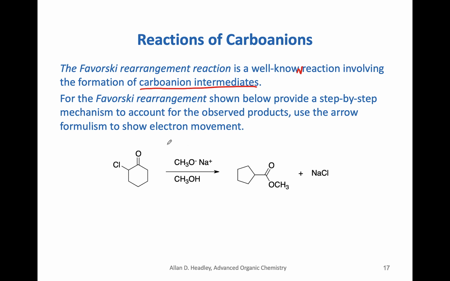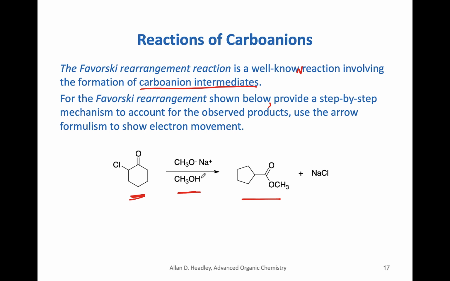So a good question that's often asked is, for the Favorskii rearrangement shown below, provide a step-by-step mechanism to account for the observed products. Use the arrow formalism to show electron movement. In other words, how does this reaction work? How does it get from the reactant with this reagent to give this as a product?